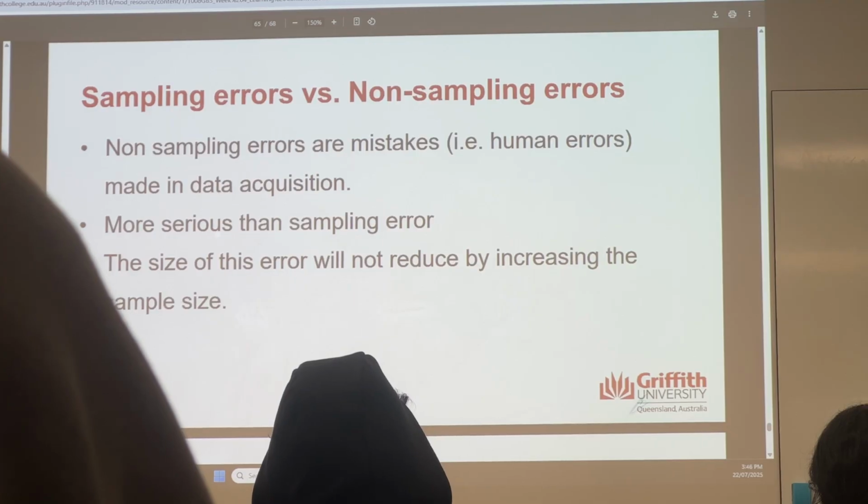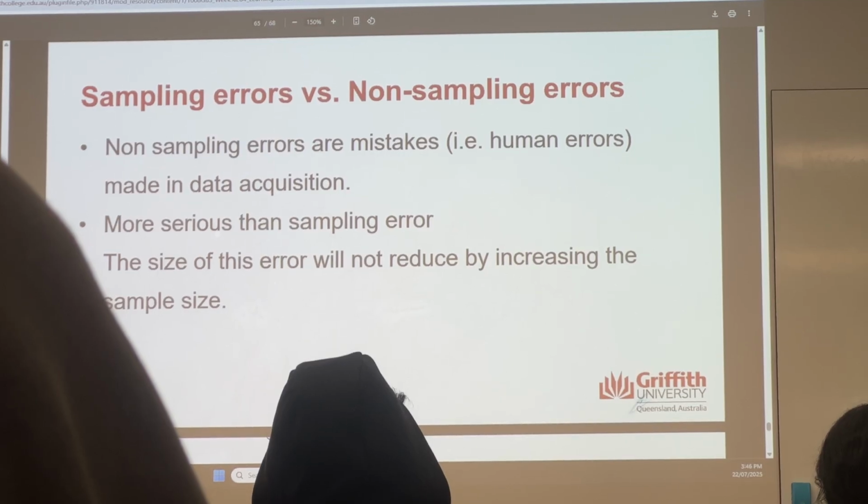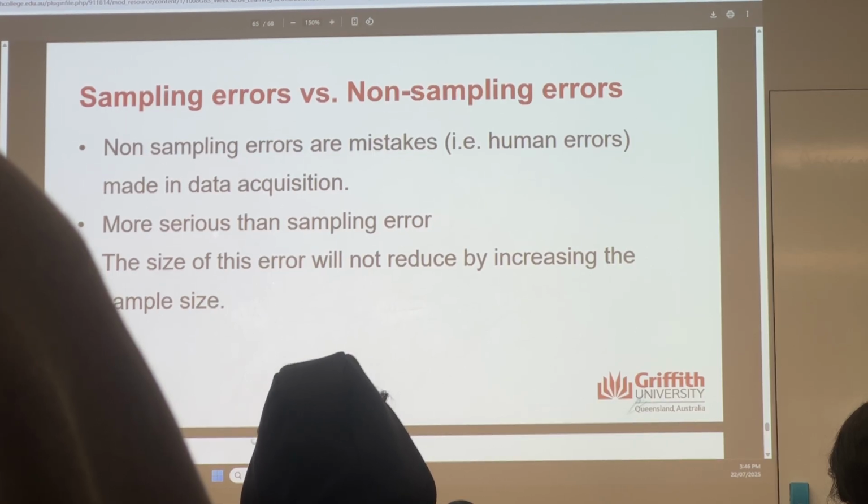How do you reduce sampling errors? Based on whatever we discussed, how do you reduce a sampling error? What another method?